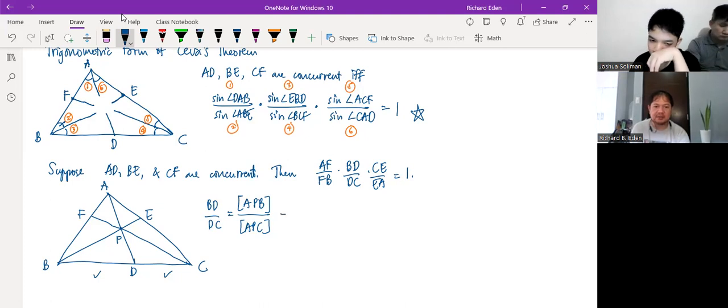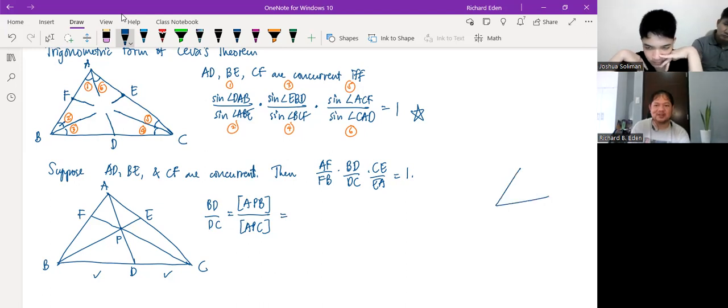And then APB, we are going to express this in terms of ganito. Remember our area formula, the area is given by 1/2 this length times this length times the sine of that angle.